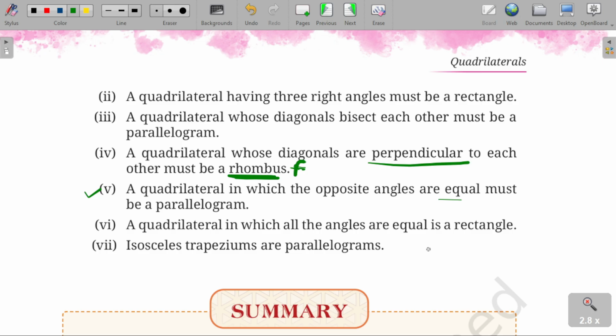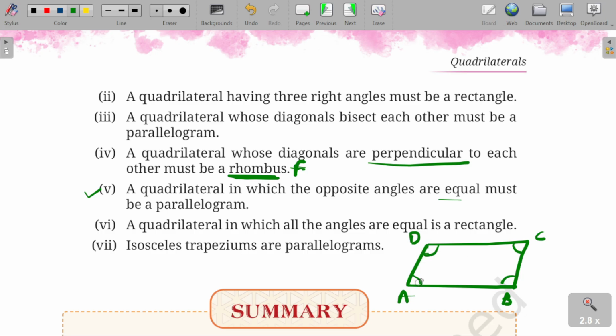Okay. Fifth one, a quadrilateral in which the opposite angles are equal must be a parallelogram. So if we have a quadrilateral, say this is A, B, C, D, and opposite angles are equal. They are saying opposite angles are equal. It must be a parallelogram. For this, we need to show a transversal line.